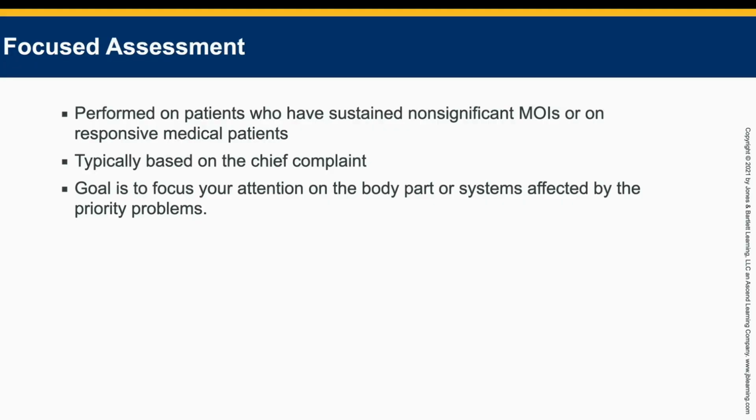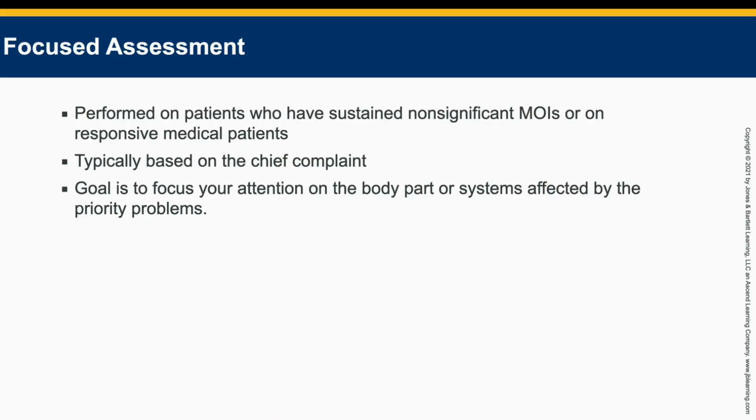Another type of secondary assessment is the focused assessment. This type of exam is typically performed on patients who have experienced a non-significant mechanism of injury or responsive medical patients who appear stable. Instead of examining the entire body from head to toe, a focused assessment is based on their chief complaint. We concentrate on a specific body system or body part related to their symptoms.